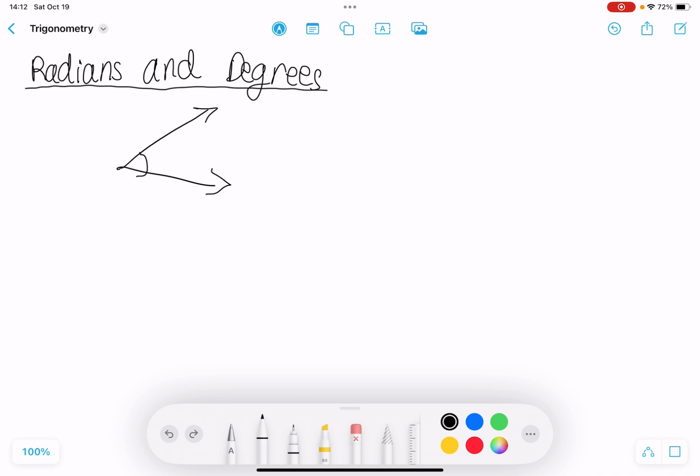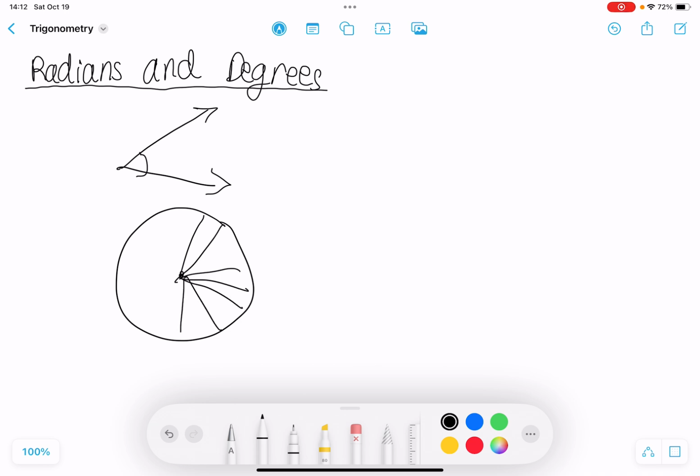Degrees basically split a circle up into 360 different portions, right? Each portion is called 1 degree. So this angle over here is 360 degrees.